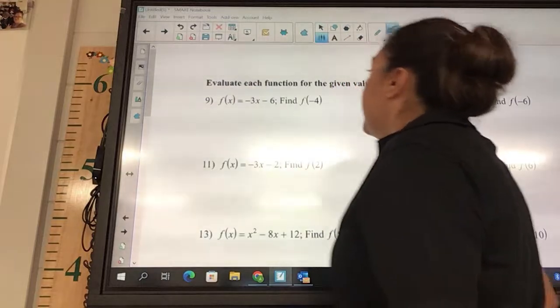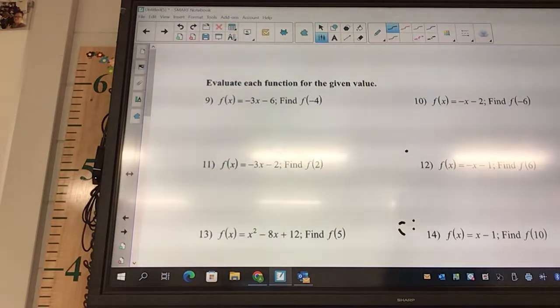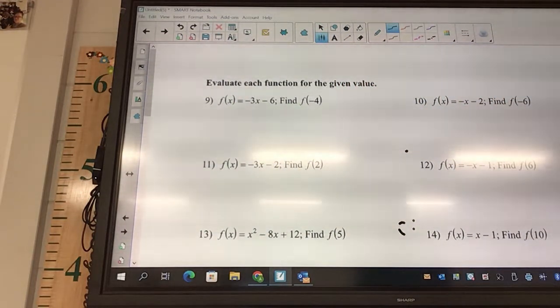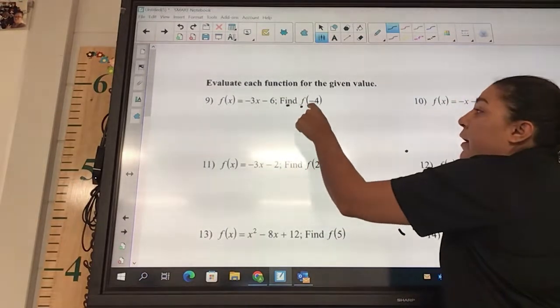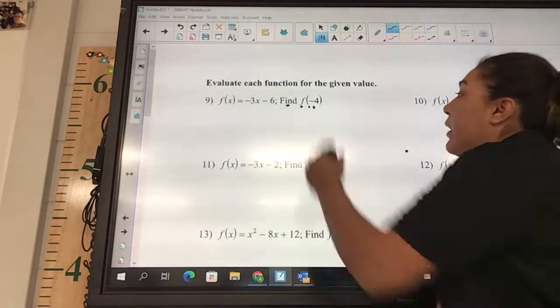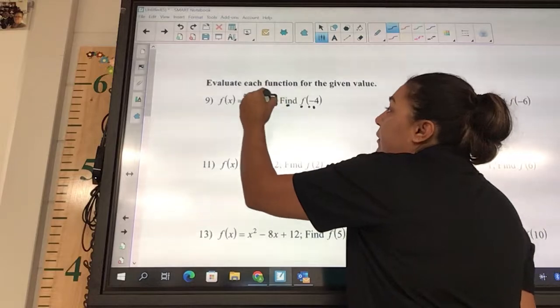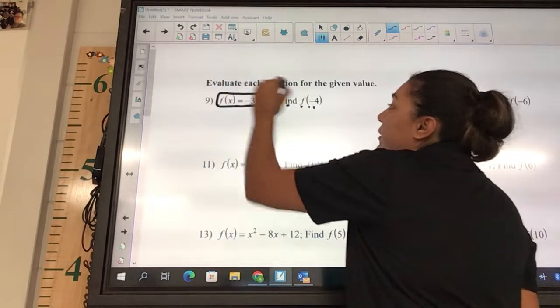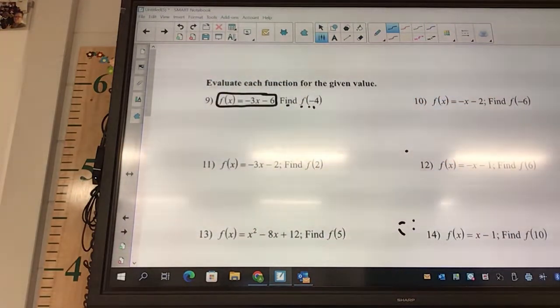So if we look at this first one, they want us to find f of -4. Okay, so everywhere there's an x, we're plugging in -4.